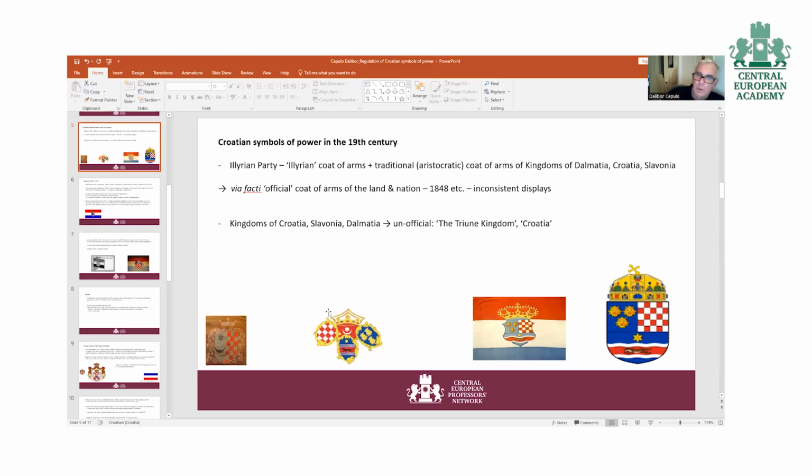This democratic symbol was first merged with these aristocratic symbols into a single unity, as can be seen in the installation flag and coat of arms of the Ban Jelačić. And it was accepted later on in a more merged form, after that without the Illyrian symbol, as the official de facto coat of arms of the Kingdoms of Dalmatia, Croatia, and Slavonia, unofficially called the Triune Kingdom of Croatia.